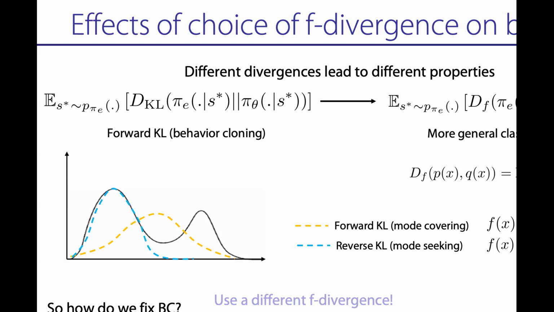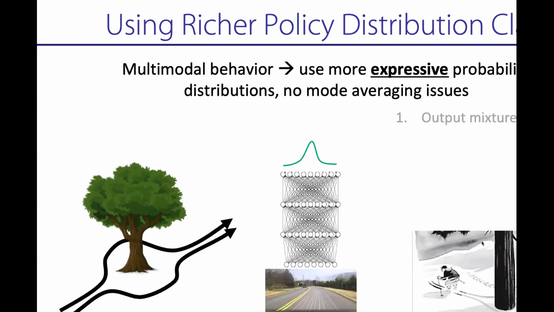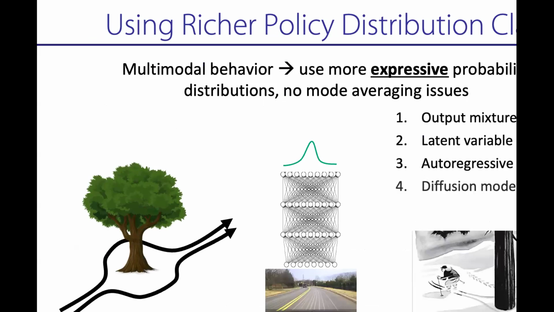But the fixes here are either to change the F divergence or to use a richer distribution class, right? When we talk about a richer distribution class, there are lots of different options here. But the ones that we talked about more explicitly were mixtures of Gaussians, latent variable models, autoregressive discretization, where you discretize one dimension at a time and stick it through something like a transformer, diffusion and flow models, and so on, right?